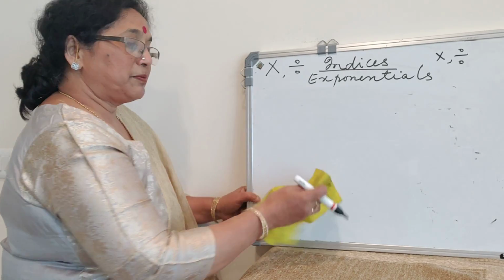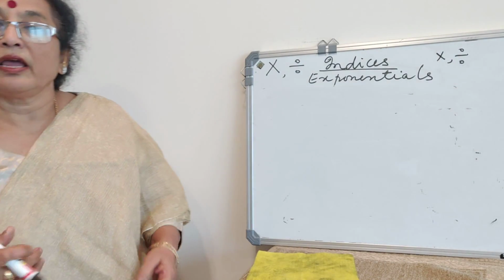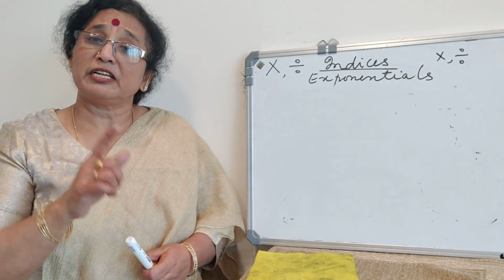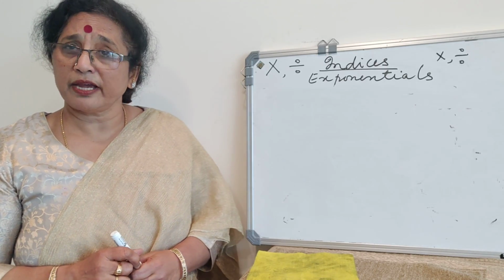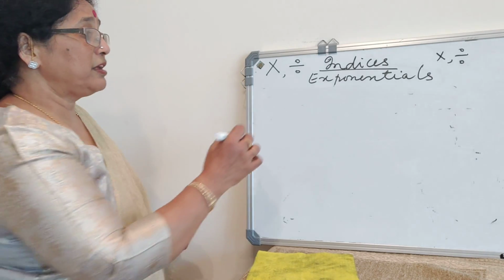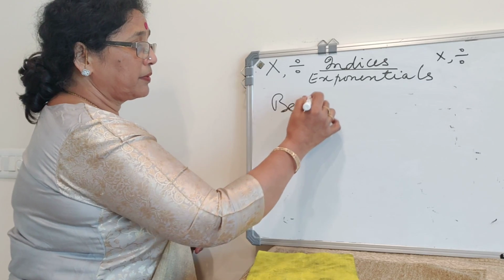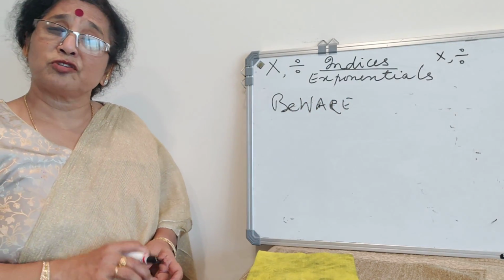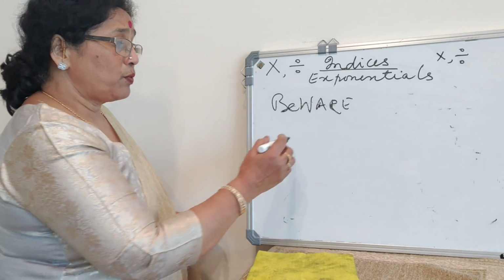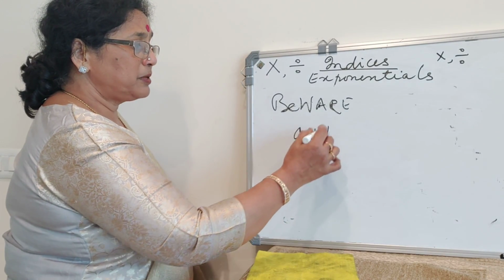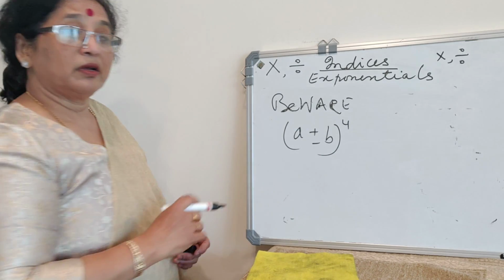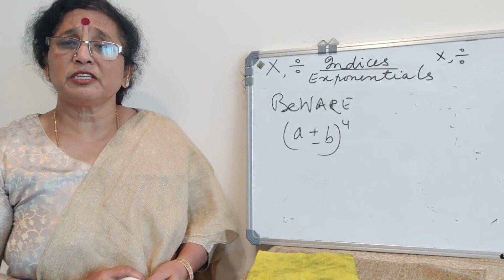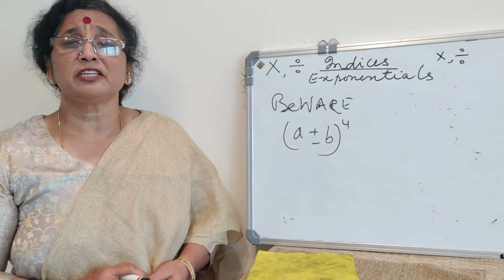And what is it made of? A base and a power. This is only used for multiplication and division. So remember, beware. I tell my children, beware of dogs, we say. So beware of certain things. When you have (a plus or minus b) to the power of 4, it is not a4 plus b4. It is not a4 minus b4.